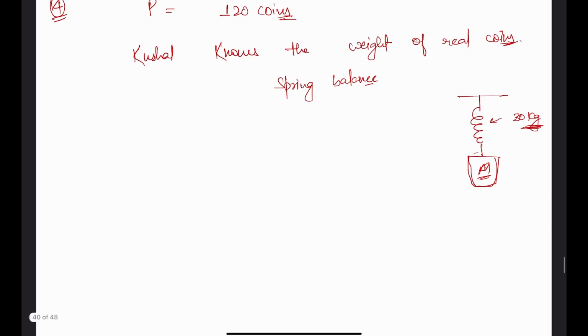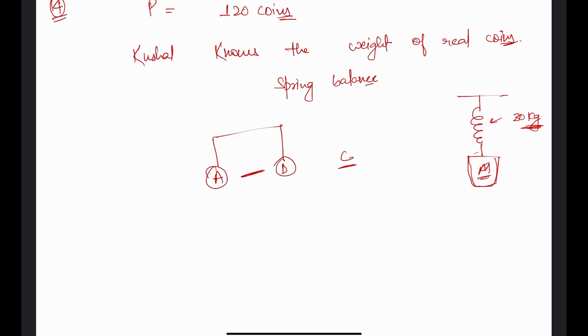So what will happen in this one again? What Kushal can do in this one, as one more thing is there: this is not a spring balance, right? A, B or C, this is not a spring balance to do the comparison between two.